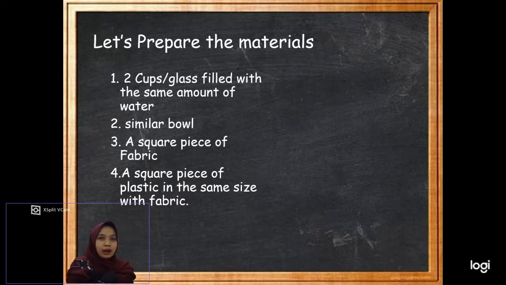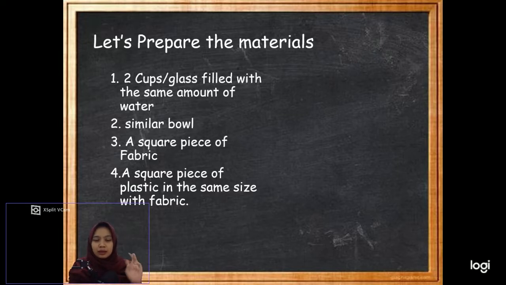Siapkan 2 mangkuk yang sama juga. And then the third, you have to prepare a piece of fabric, ya, kain, 1 lembar kain. And then the fourth, you have to prepare a piece of plastic in the same size as the fabric.